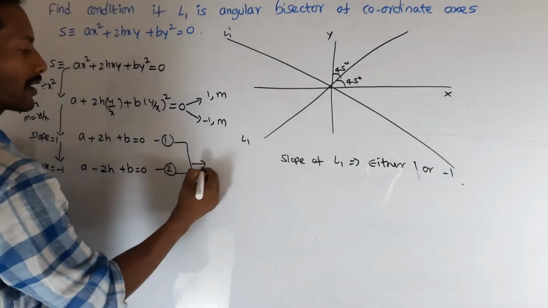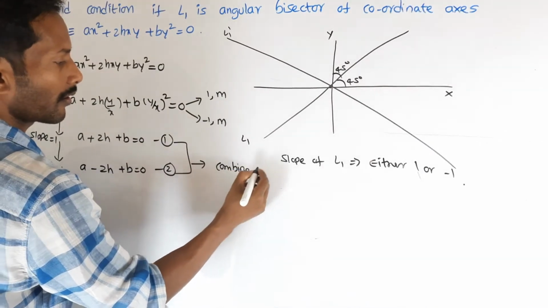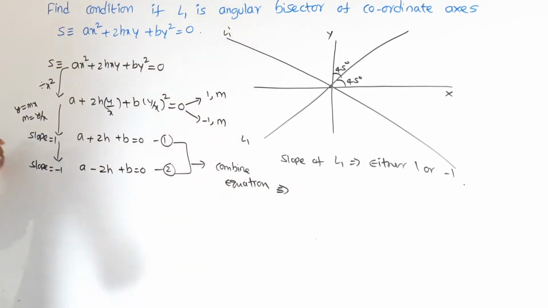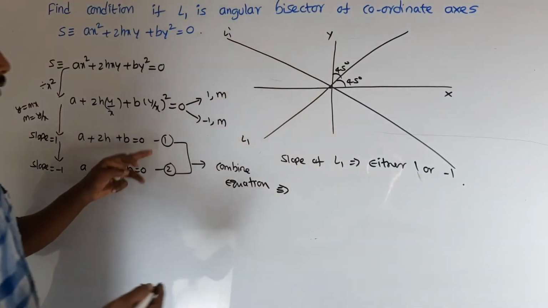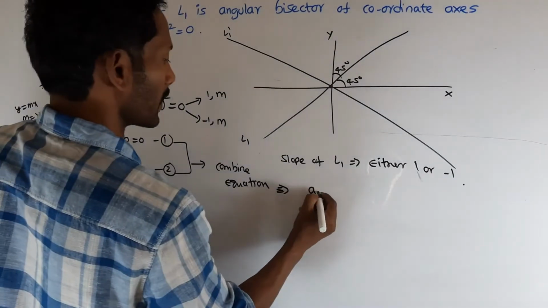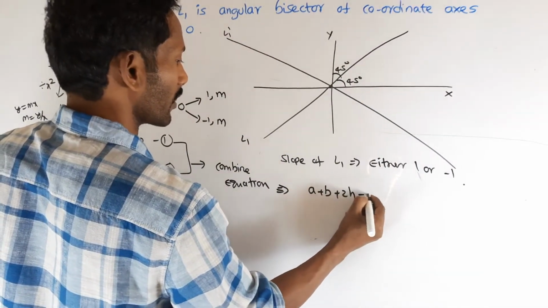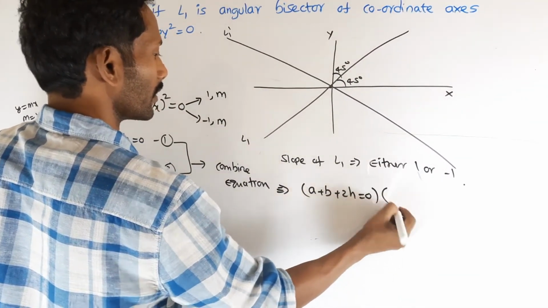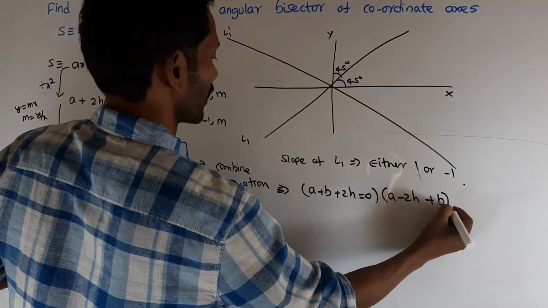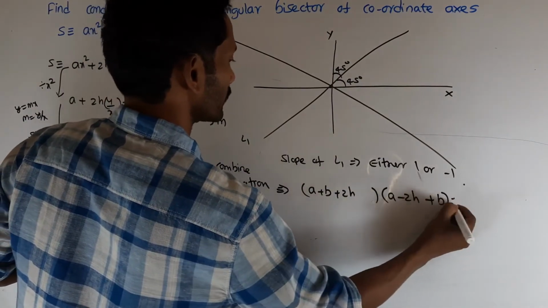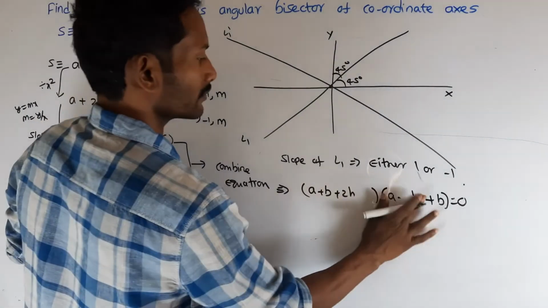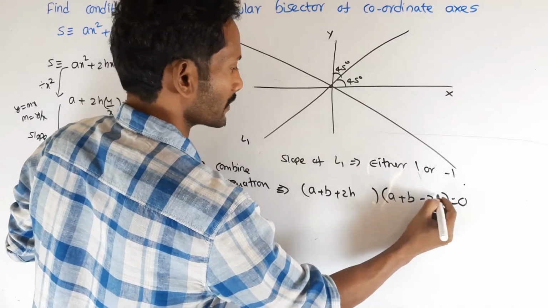The combined or joint equation is the product of equation 1 and equation 2: (a + b + 2h)(a + b - 2h) = 0.